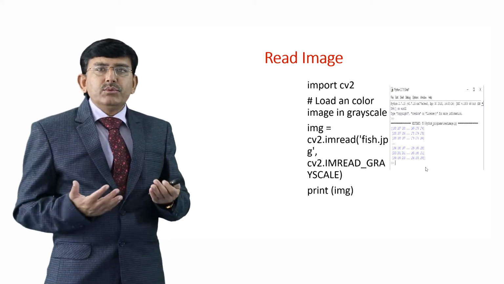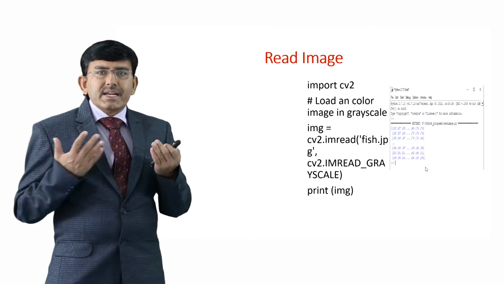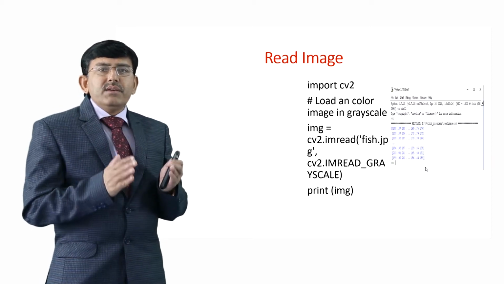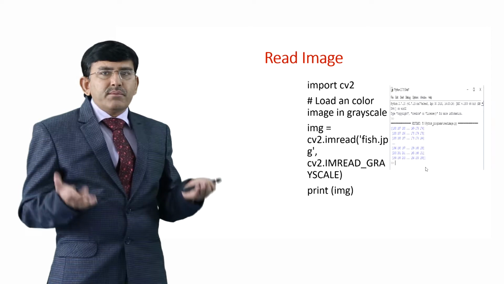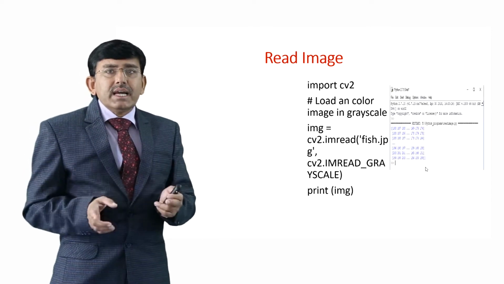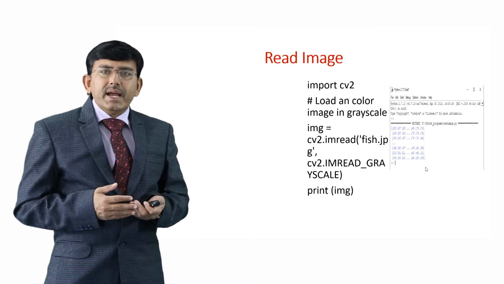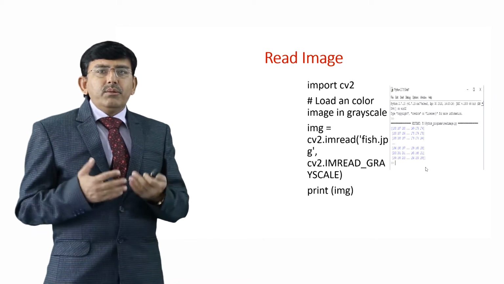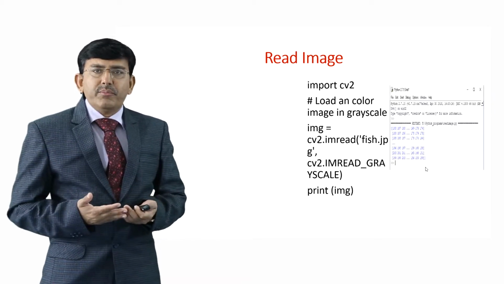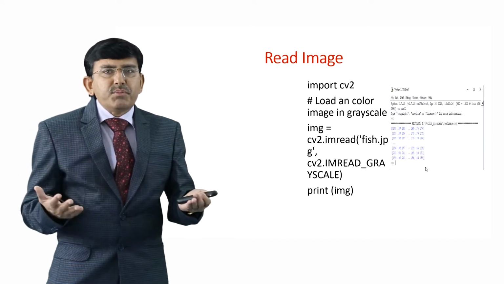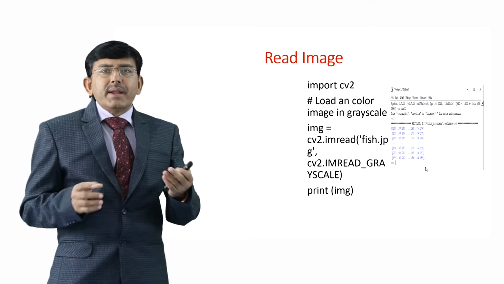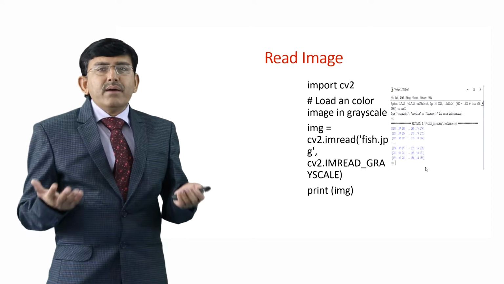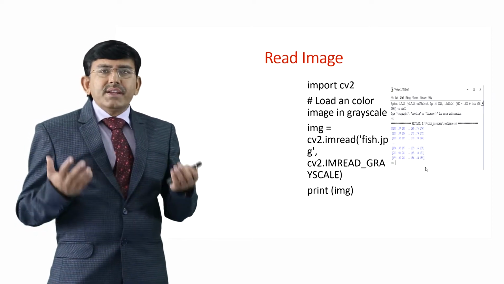Import cv2, load a color image in grayscale, where the statement is variable equal to cv2.imread, in brackets in single quotation the name of the file, whereas cv2.IMREAD_GRAYSCALE will be used to read grayscale type images. Finally, for display, a function is print, in brackets the name of the variable in which we have stored the output of the imread function. This way we can read the image.